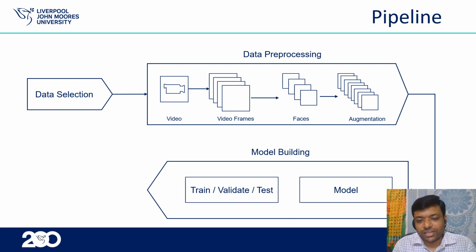Next we extracted the faces from each frame, and then we passed them to the augmentation. So we generate more data for training later on. The data we generated is fed to our model. This is used for the training, validation, and testing data.